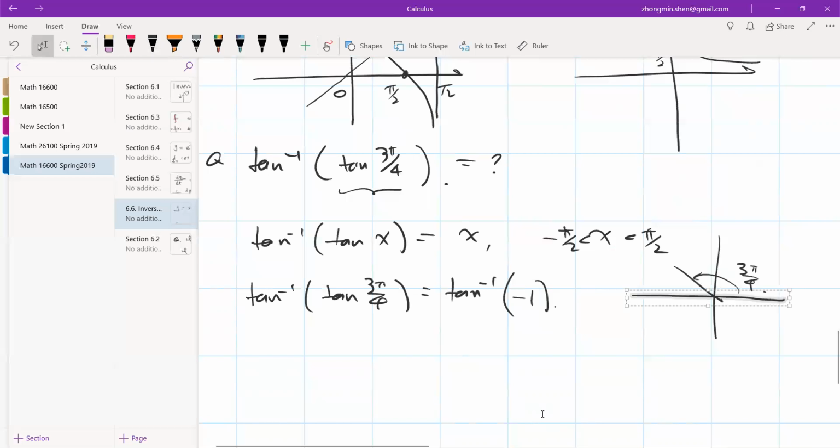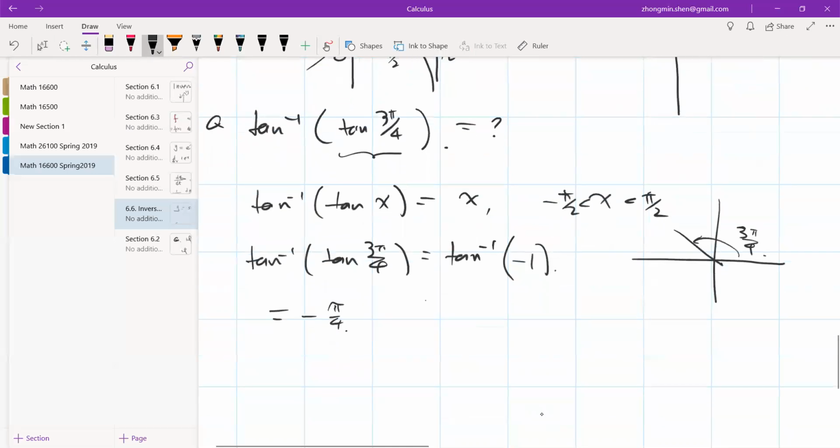So then this is going to be negative pi over 4. So it is not going to be 3 pi over 4. It's going to be negative pi over 4. Why is it negative pi over 4?